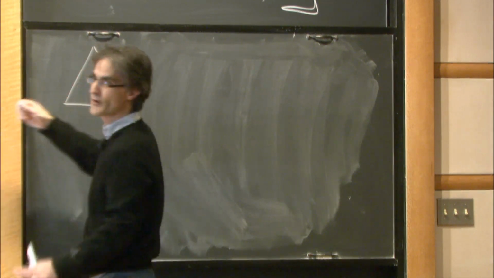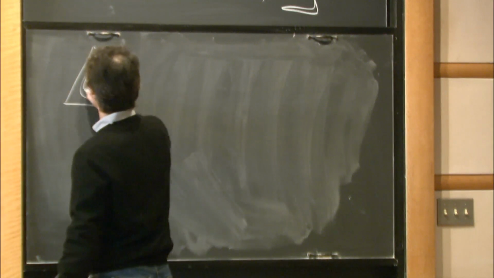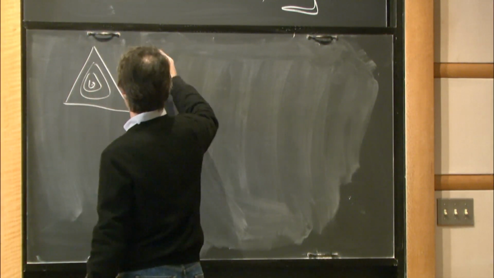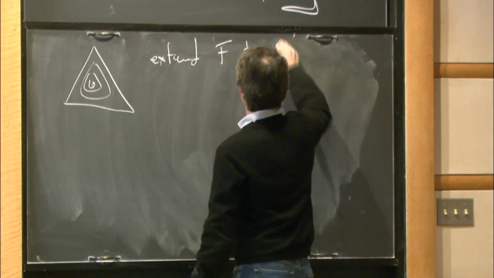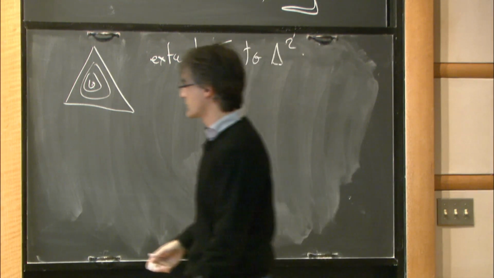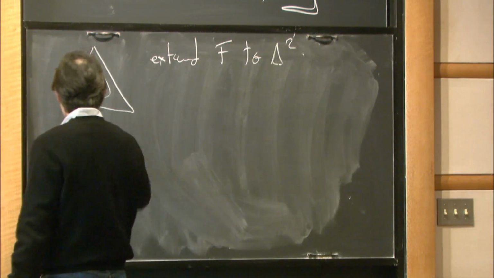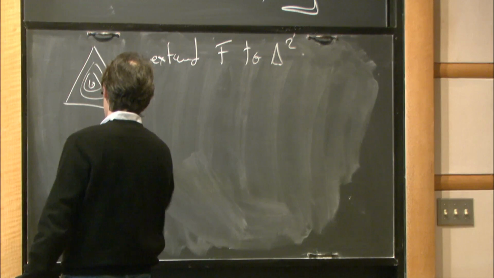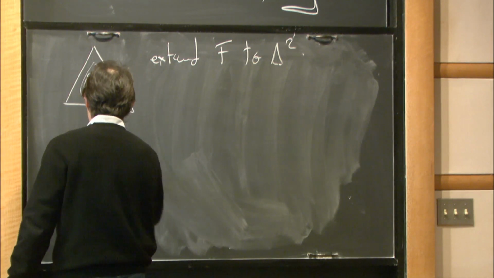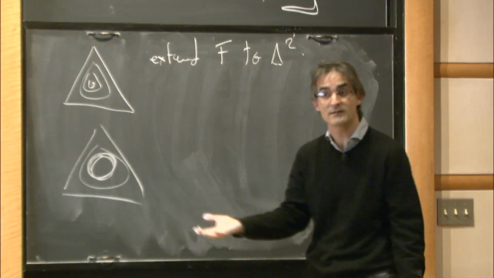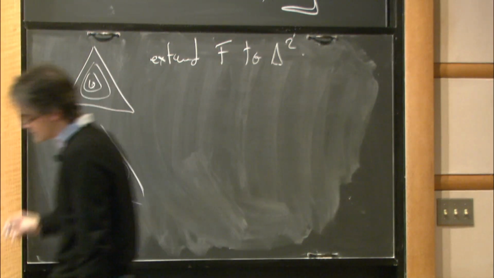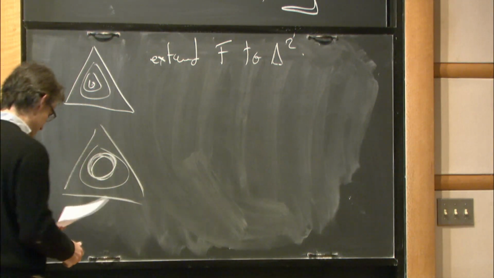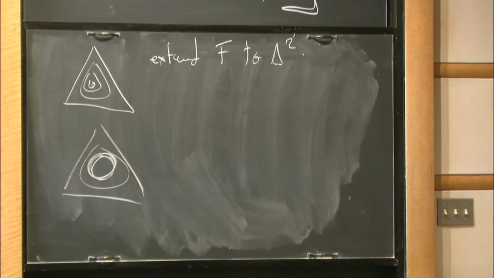Either it converges to a point, and then you can extend f to the 2-simplex, or it converges to a closed geodesic, possibly non-contractible, so there's no way you can extend f to the 2-simplex. However, what we can do is the following.